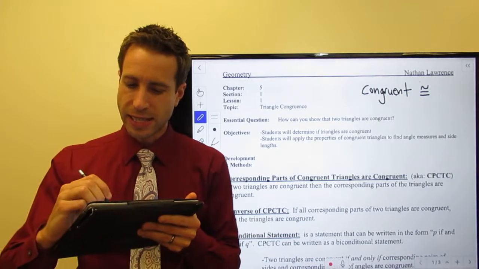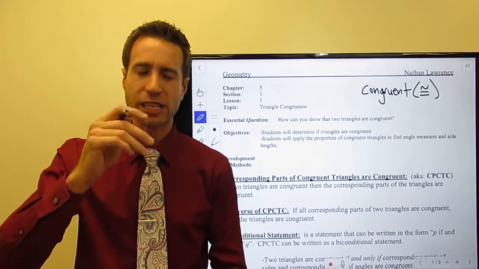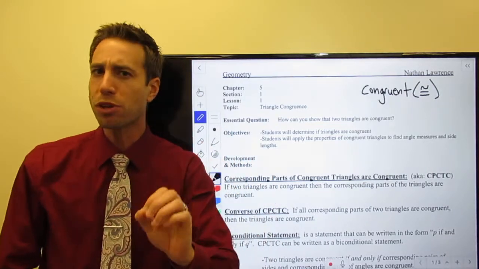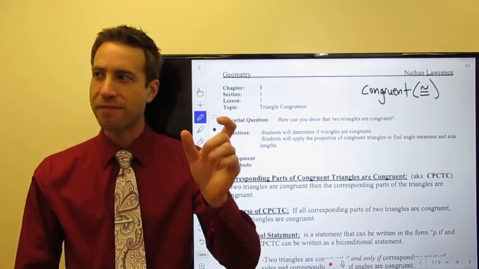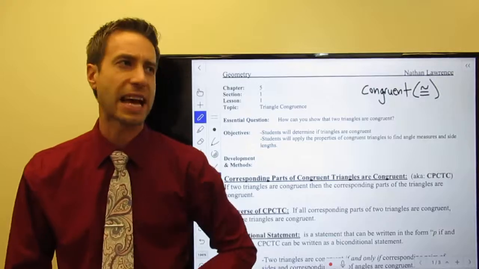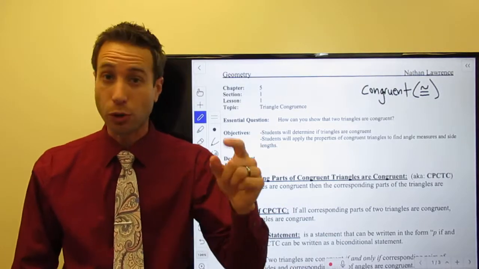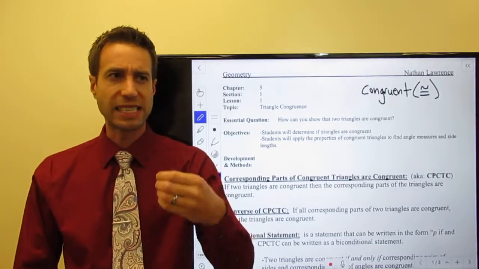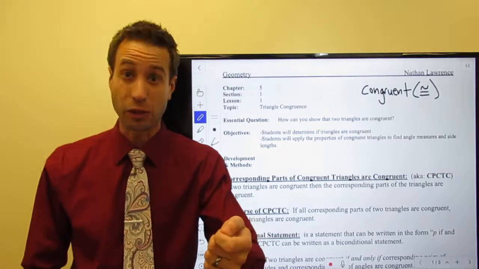Congruency tells me two things. In algebra, anytime we put an equal sign into a problem, we're saying those two things have equality. They have the same measure, the same size, the same magnitude, like x is equal to 4, or pi is equal to 3.14. It just tells you what its value is.